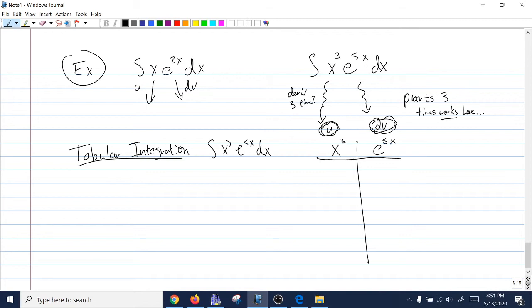This is basically just a shorthand for doing parts a bunch of times without all the writing. You differentiate one side. You take the derivative till you get 0. And then you integrate the other side.